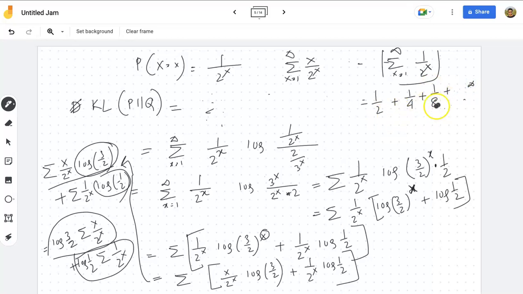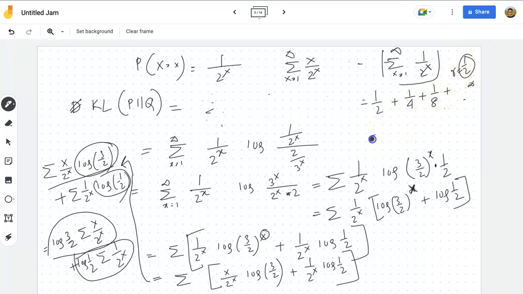So what is the summation of this GP series? If we just recall the engineering mathematics, this is a GP series where the common ratio is, what is the common ratio here? Each time we are just multiplying with 1 by 2. So this is the common ratio R. So R is 1 by 2, which is less than 1.